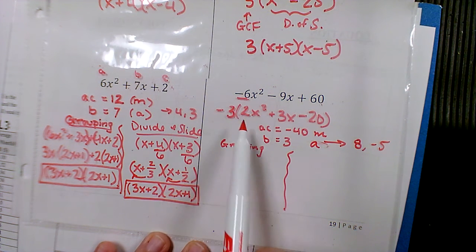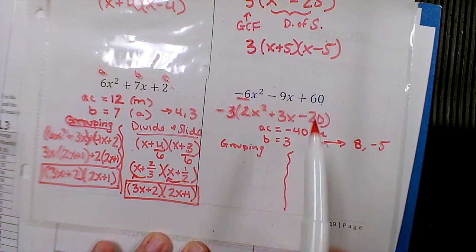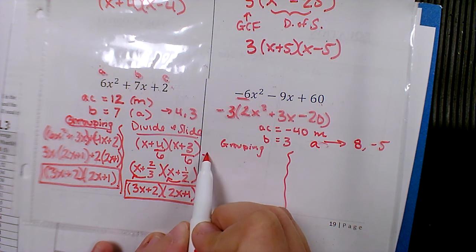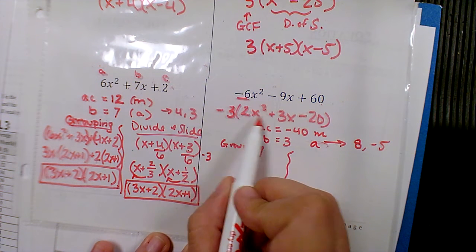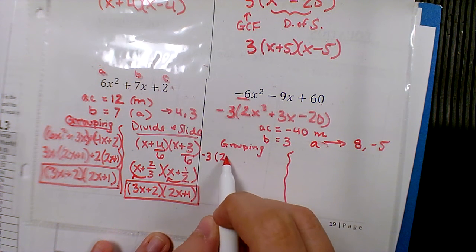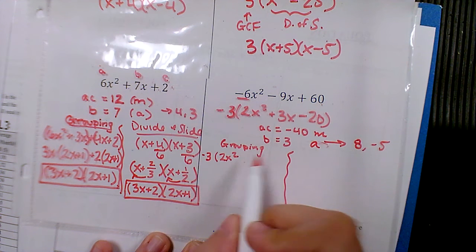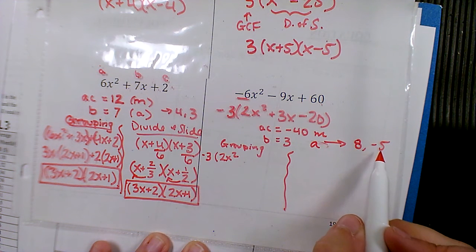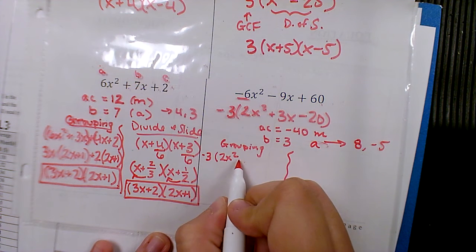So when we look at the expression that we have now, we pulled out a -3, that was our GCF, and our trinomial, instead of having a 3x in the middle, we're going to write 8x and a -5x. It doesn't matter the order, you just got to write both of them.